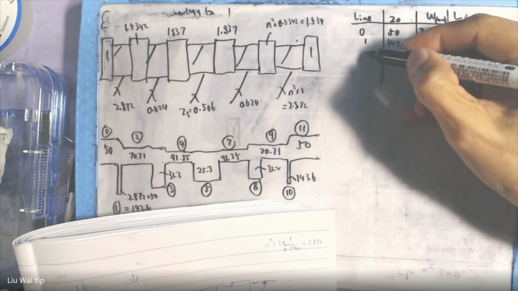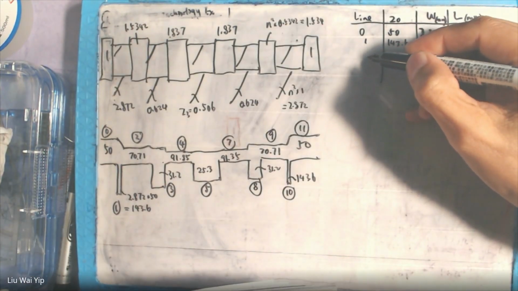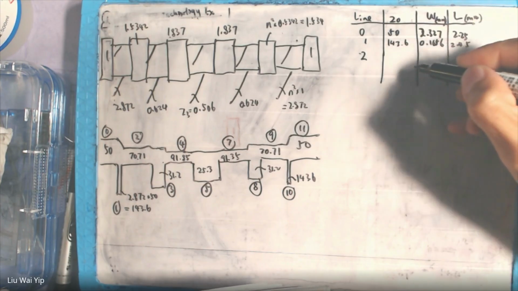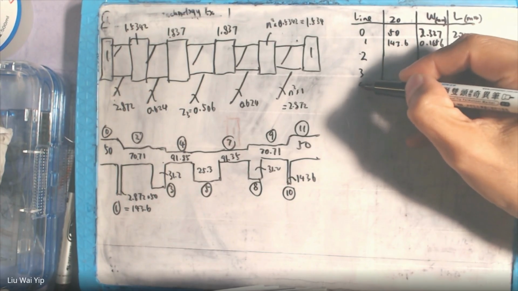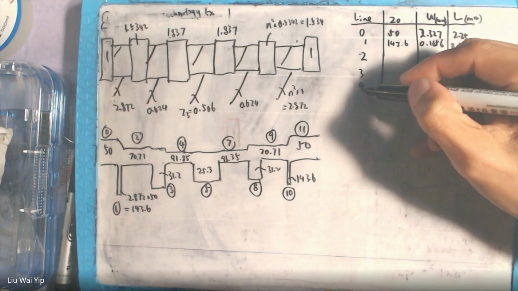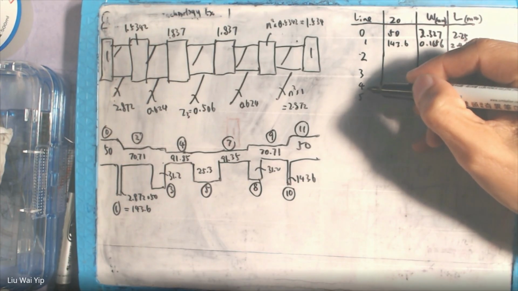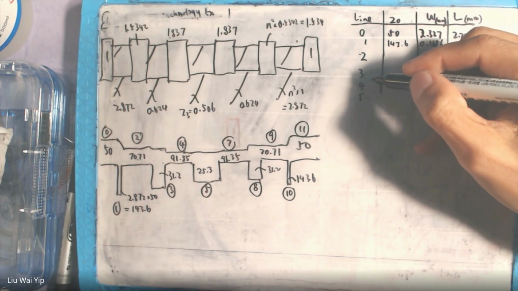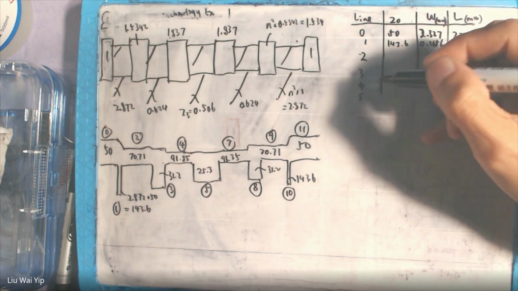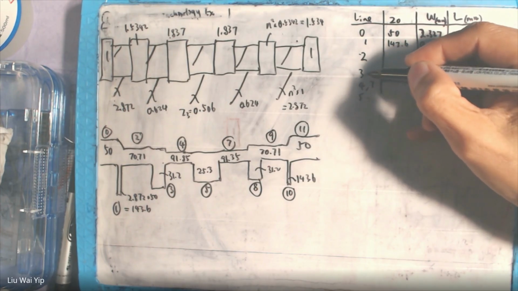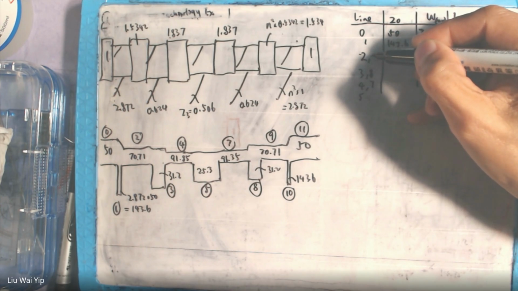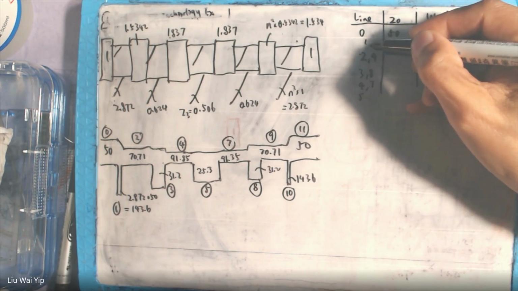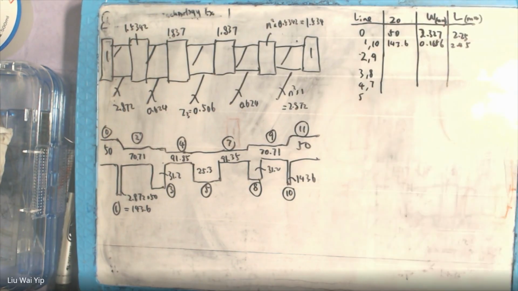I've already entered the value here. 2, 3, 4, 5, and this one is going to repeat. Yeah, 6. Anyway, this is what I get.